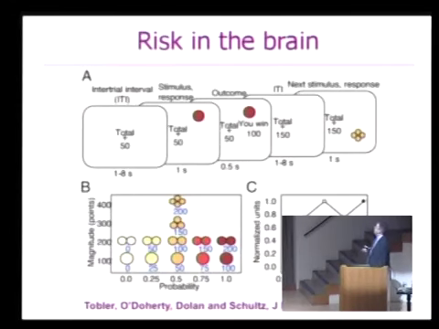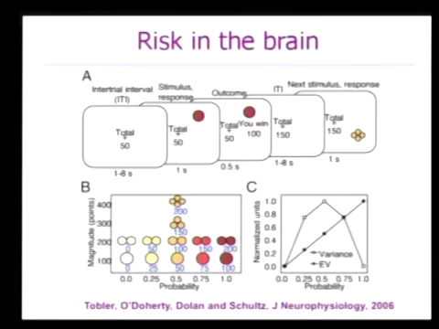Okay. And here's another example. This is a study that Philippe Tobler, myself, Ray Dolan in London, and Wolfram Schultz did together. Here, subjects see a variety of different cues that tell them something about both the amount they can expect to win, the amount of money or points, and also the probability that they're going to win.